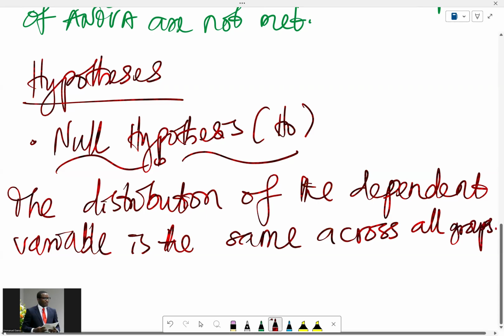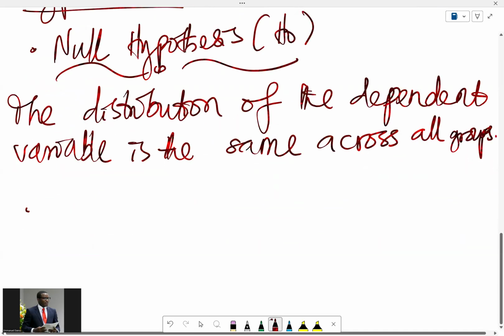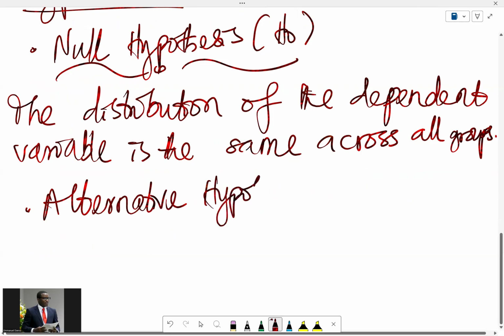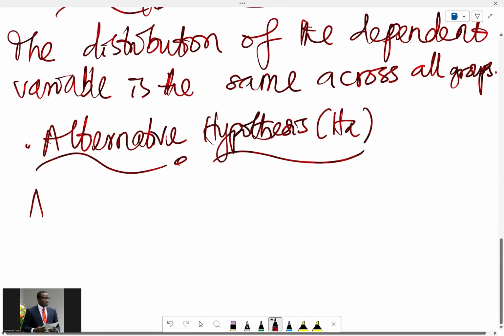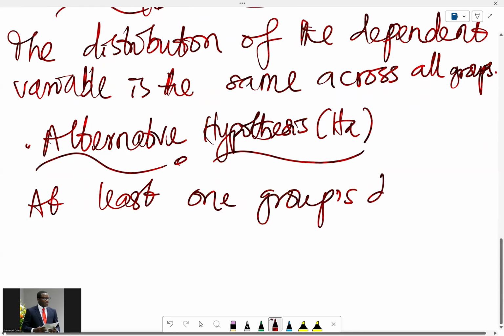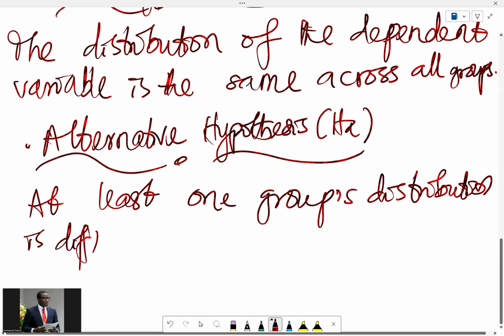And then of course we have the alternative hypothesis, which is HA or H1 as you like. That will be the opposite, right? Here it says at least one group's distribution is different from the others.